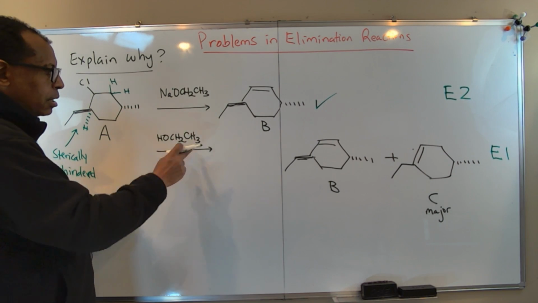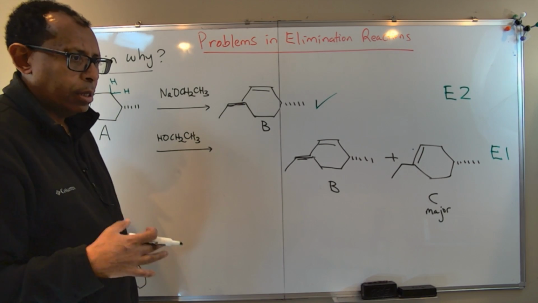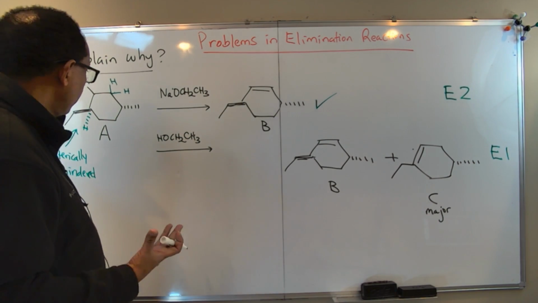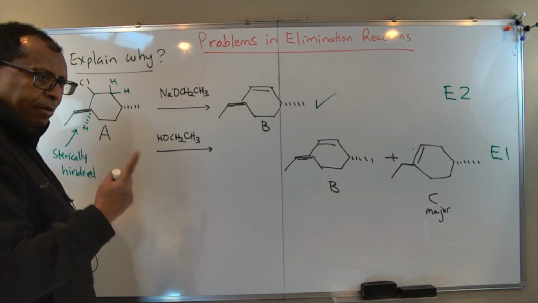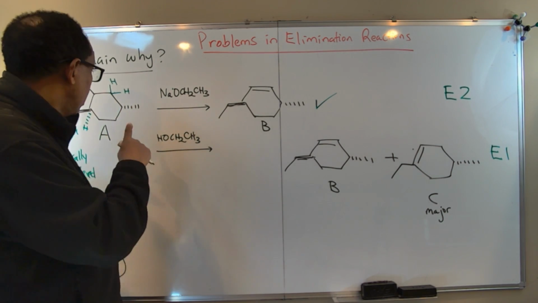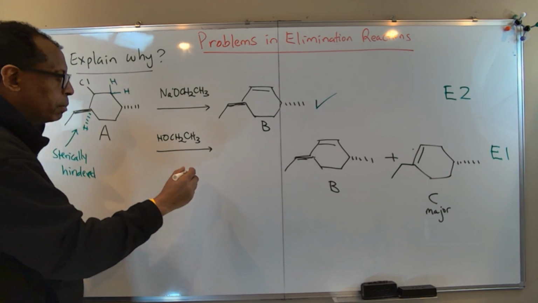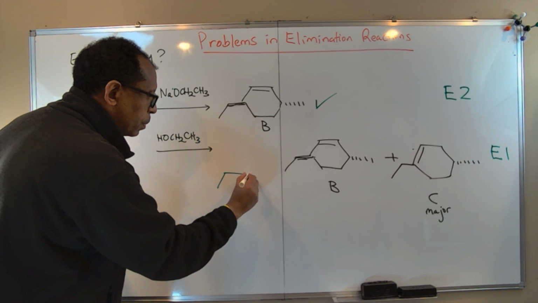But in the lower case, when you have ethanol as a base and a solvent, the initial thing that happens is that the halide just loses itself, dissociating and forming a carbocation.